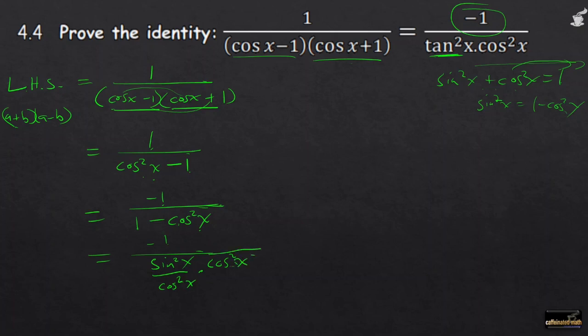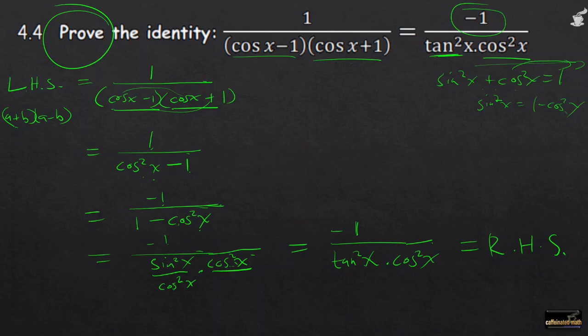So if we have a look at this, I'm multiplying the entire thing by 1, which means I end up with minus 1 as I need on top, and then sine squared divided by cosine squared gives me tan squared x. Oh, and wouldn't you know it, I need that cosine squared x in the denominator, because that makes it look like the right hand side. And that is proof if I ever saw it.